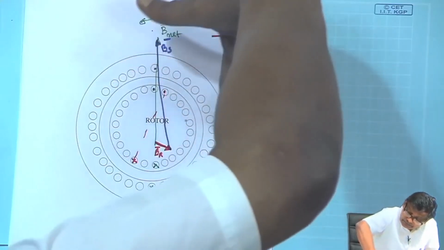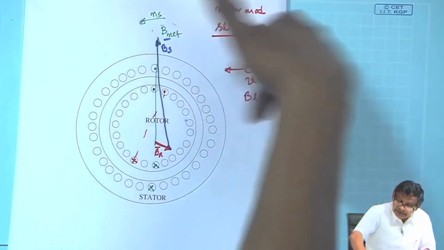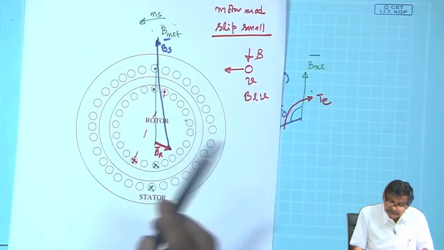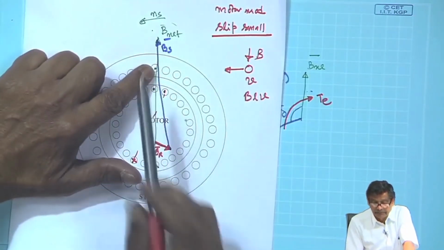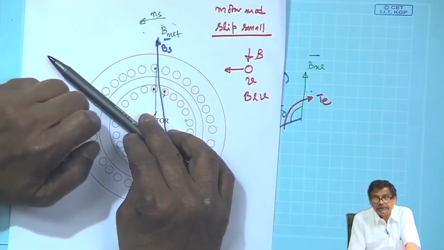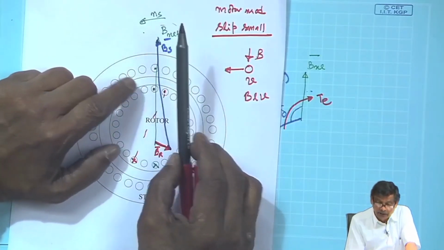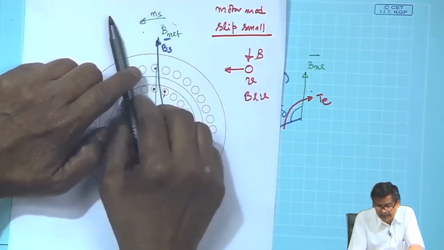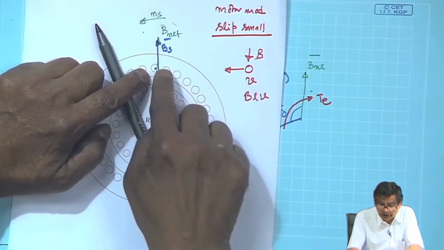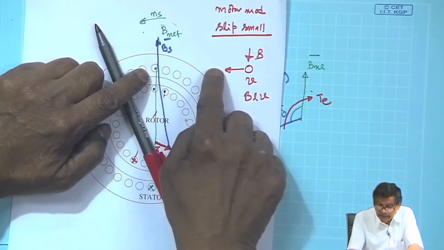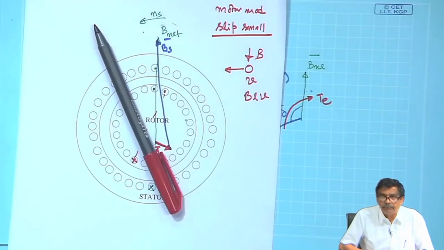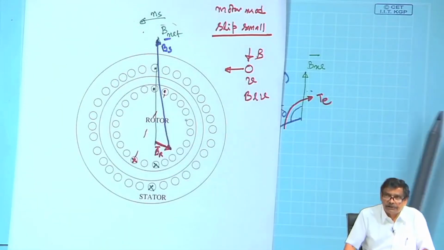But in this case, stator conductor is fixed, B is moving like this. Therefore, what you can assume is that B net is stationary, and imagine the conductor is moving, and then apply right hand rule to get the polarity of the induced voltage.